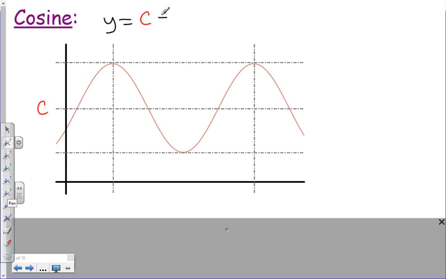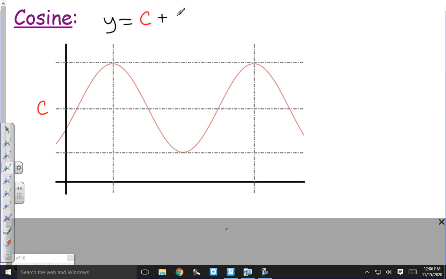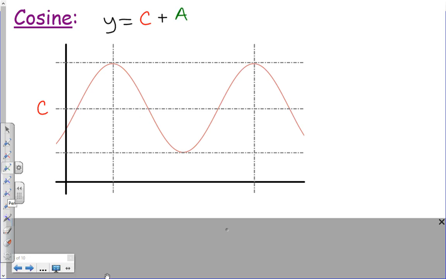All right, so our equation is y is equal to c plus, I'm just going to do these in different colors here, c plus a. So the absolute value of a, remember, is your amplitude. The absolute value of a will tell you how far it is from your sinusoidal axis to your upper bound, or from your sinusoidal axis to your lower bound.